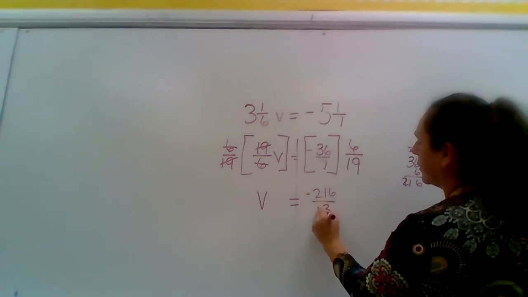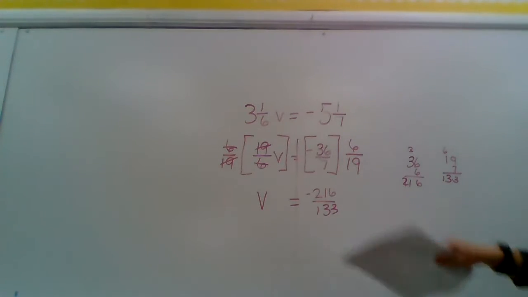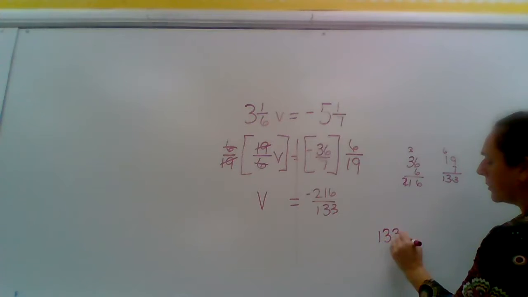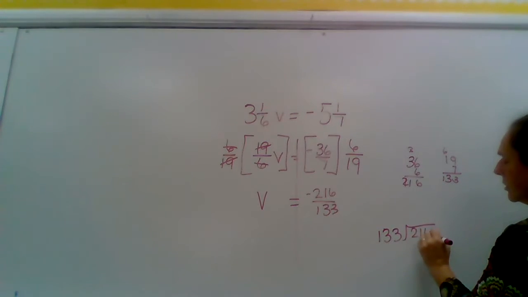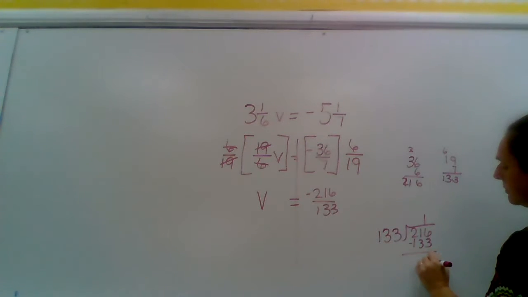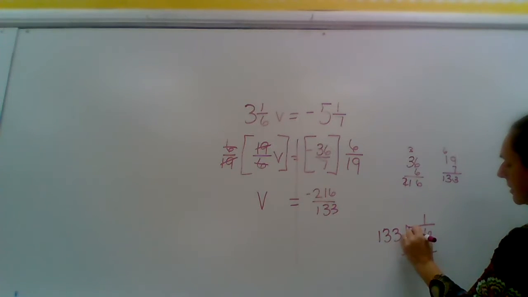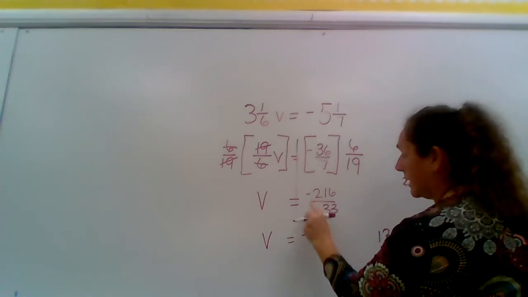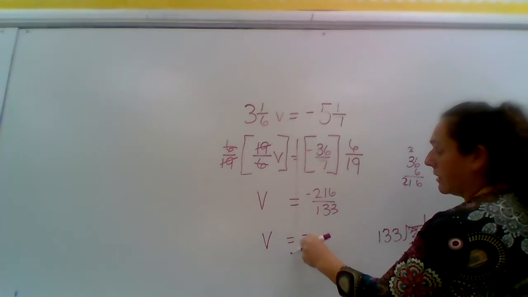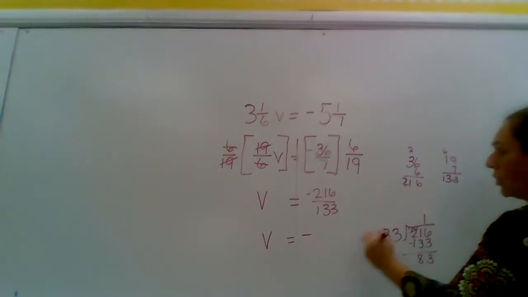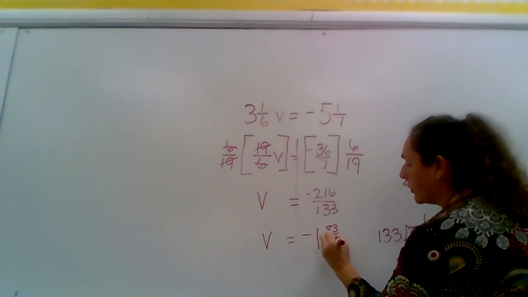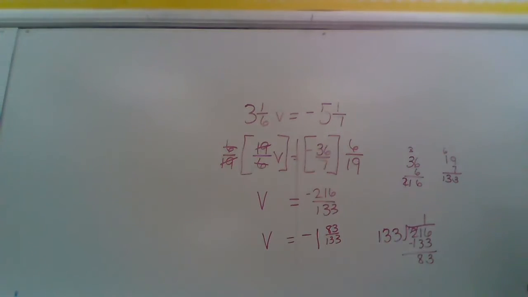We get 133 on the bottom. So therefore we know it's improper. Okay, to come out from improper, that will go one time. And we need to see what our remainder would be. Okay, so that is going to look like negative, don't forget your negative, because negative divided by positive is a negative, 1 and 83 over 133.